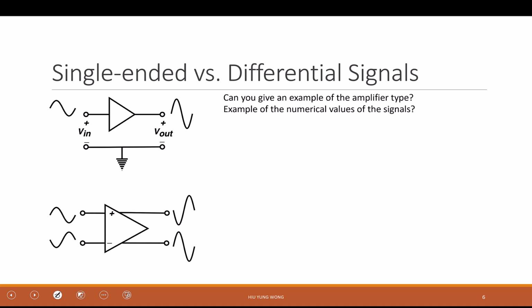So when I put a signal, for example, here I have a peak-to-peak signal, for example, plus minus, let's say 10 millivolts, into here. What does it mean? It means it's reference to the ground, plus minus 10 millivolt.